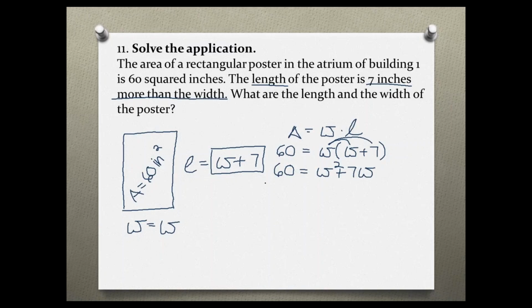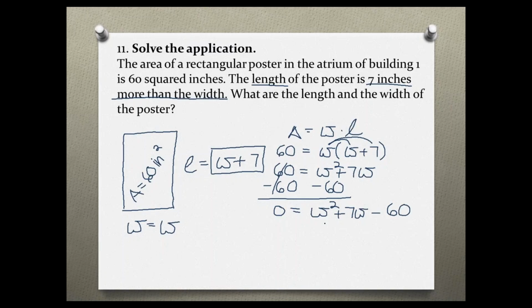So we need to set this equal to 0 by subtracting 60 from both sides. And we get 0 equals W squared plus 7W minus 60.